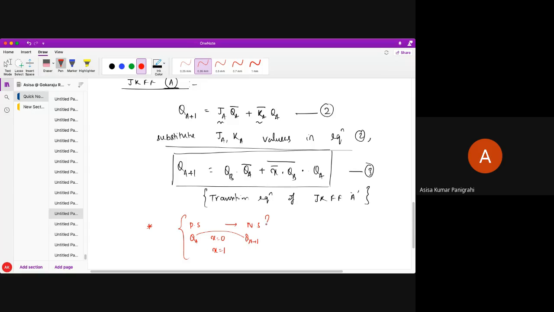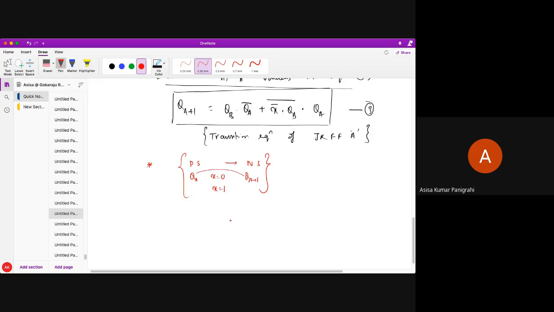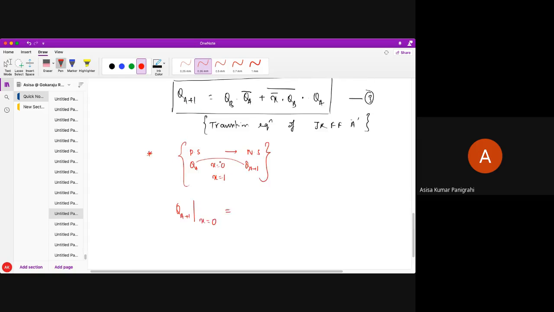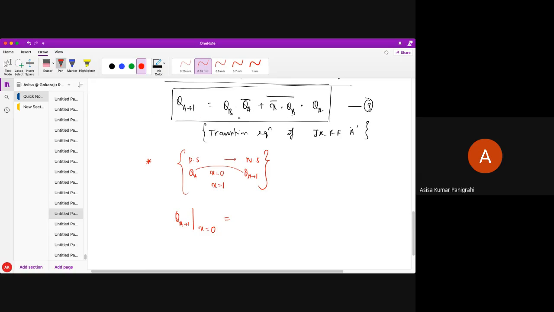For that, I need to find my transition equations for QA plus 1 at x equal to 0, as well as QA plus 1 at x equal to 1. Am I correct, students? I have this equation with me: QB, QA bar or x bar.